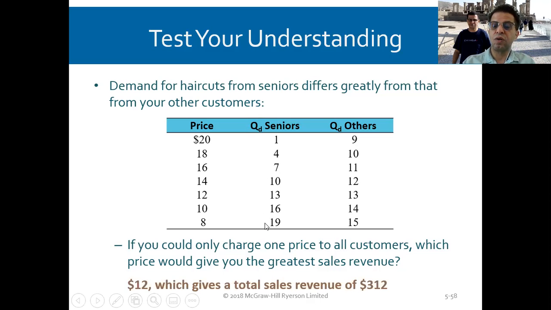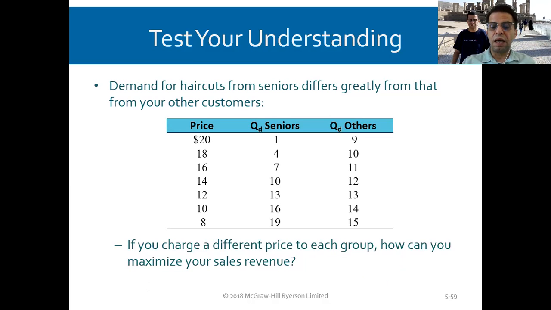So when we don't distinguish any pricing, selling at $12 a haircut generates a total revenue of 312, because at $12 we'll cut 26 hairs. At $14, we're just going to do 22. So at $12, 26 multiplied by 12 is 320, the highest case among these.